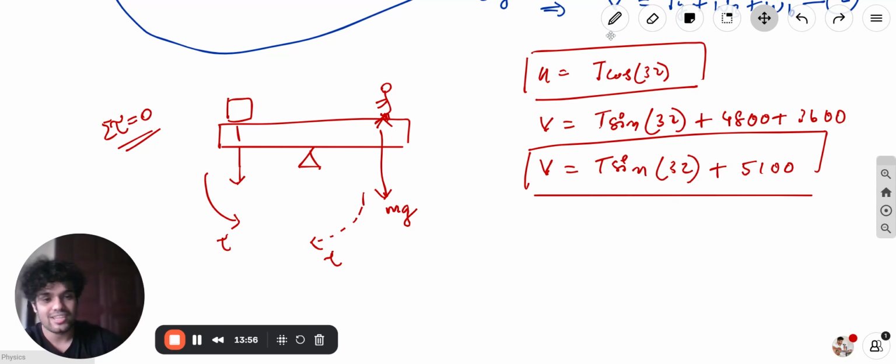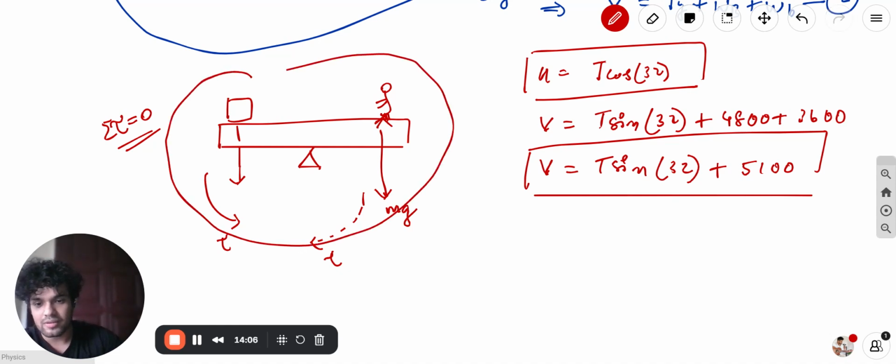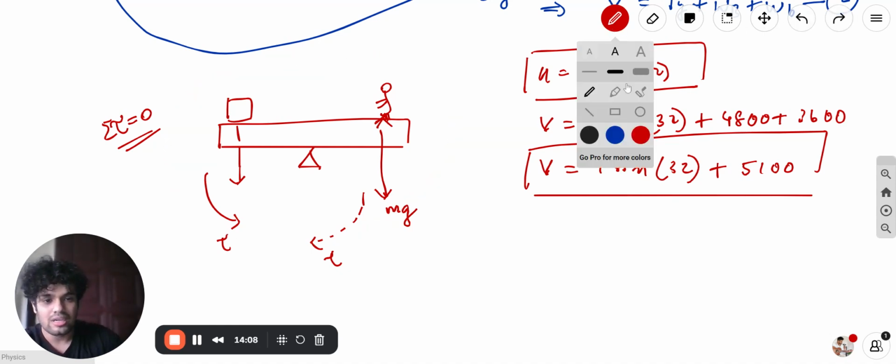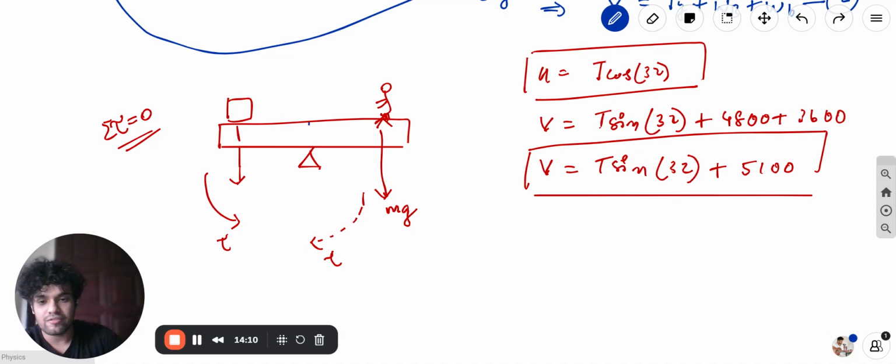But there's a catch: you can choose the axis in such a way that it will make your equations smoother. For example, if you look at this problem over here, there's actually another force going up over here. This is called a normal force, right? Now, suppose I don't know what the normal force is, but I want to solve for rotational equilibrium.